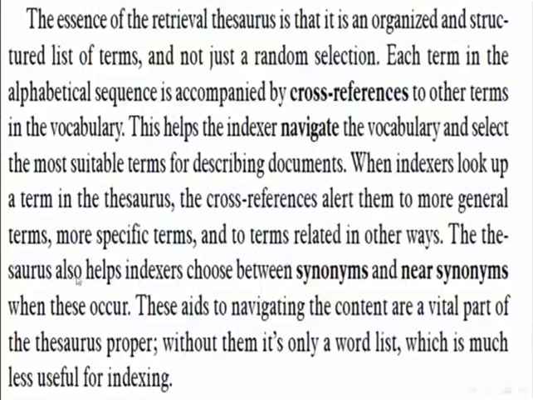The thesaurus also helps indexers choose between synonyms and near synonyms when these occur. These aids to navigating the content are a vital part of the thesaurus proper. Without them, it's only a word list, which is much less useful for indexing.